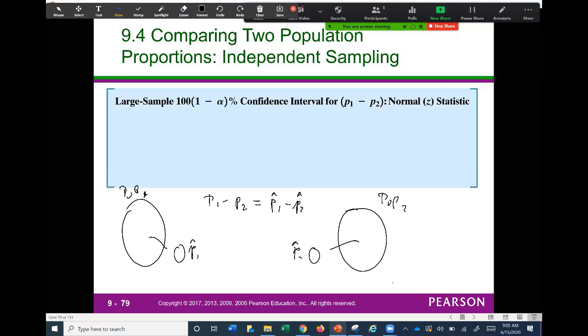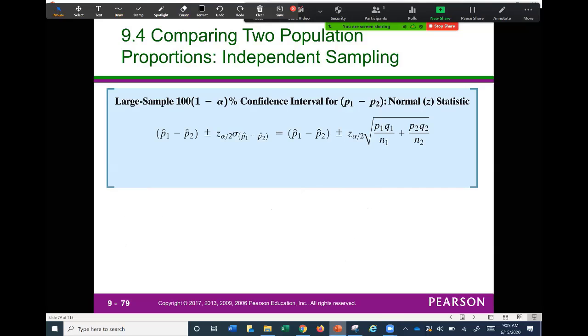But it's not exactly the same. We need to add or subtract an error. This error depends on the distribution of all differences. That is the error that we use to compute the difference between the two parameters. We use my sample statistics.